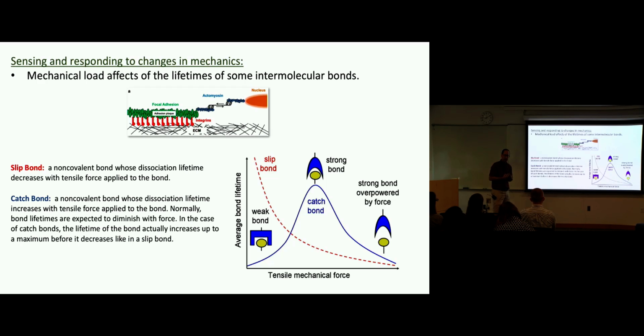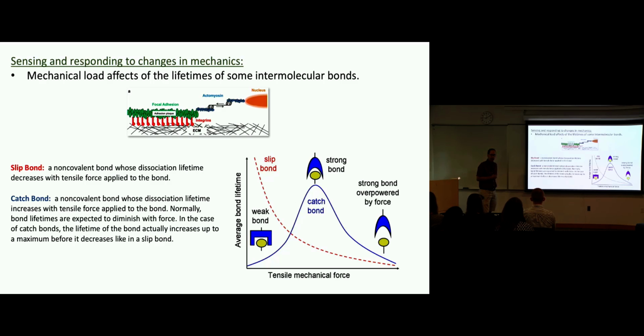So as a cell attaches to its substrate, or as cell-cell interactions increase, these bonds will strengthen with mechanical load, and part of that is due to this catch bond behavior. Catch bonds, after a certain load, will become a slip bond, and the strong bond will be overpowered by force. Okay, any questions about that?